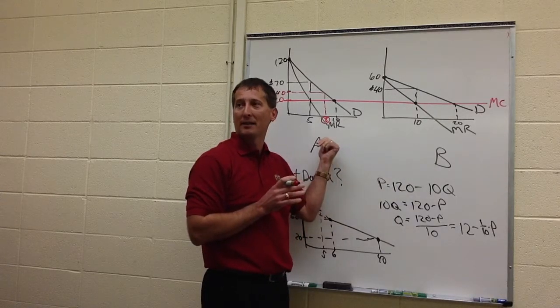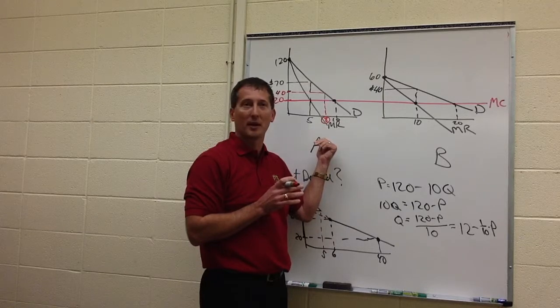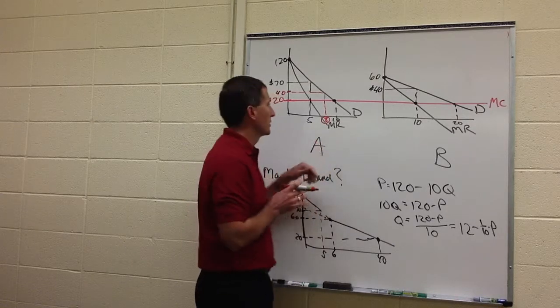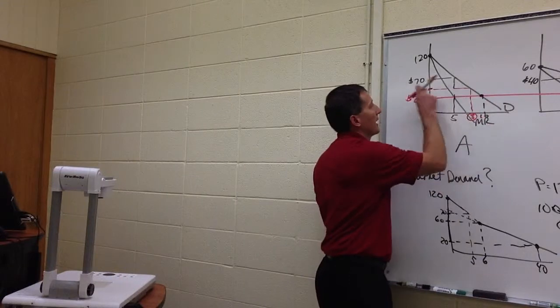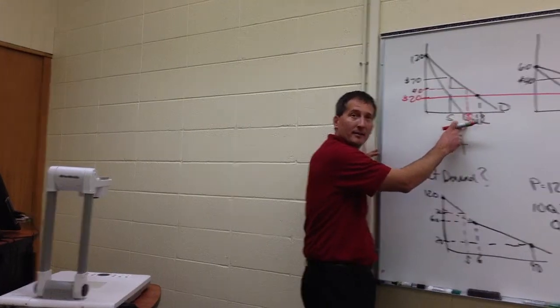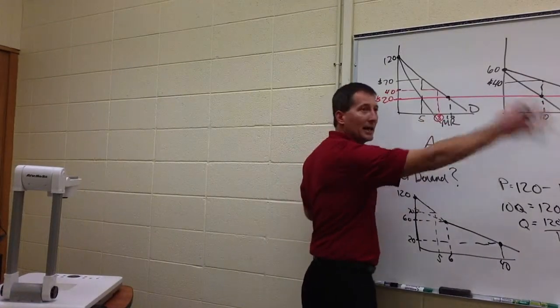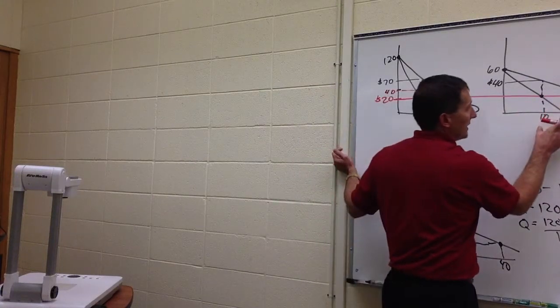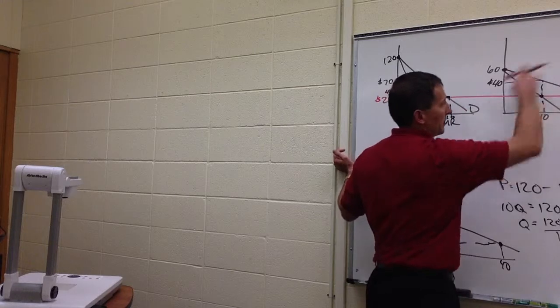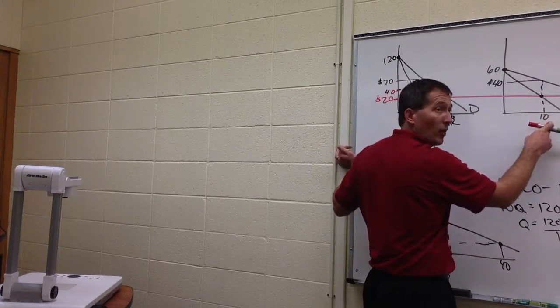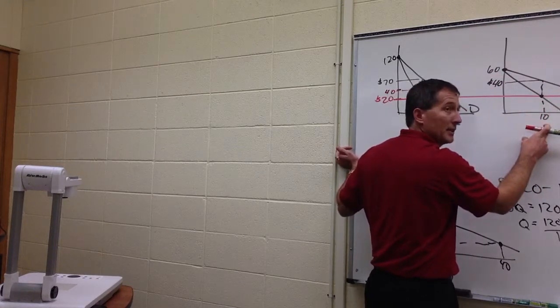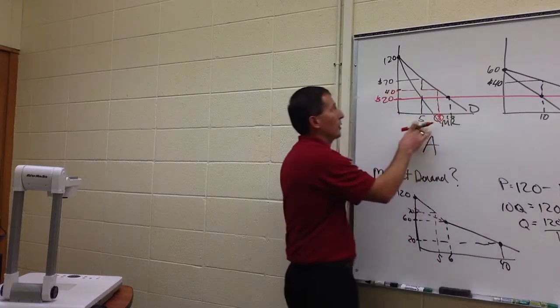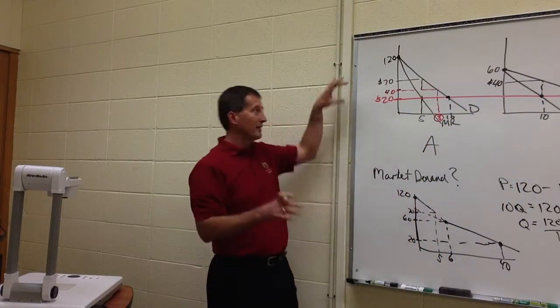Do these people buy 10? No, they don't want 10, right? So the most that they're willing to pay at a price of 40 is 8. So they're not going to buy into that deal. Over here, these people are going to buy all day long at 40. They're going to buy the 10 units. The regular price is $70.